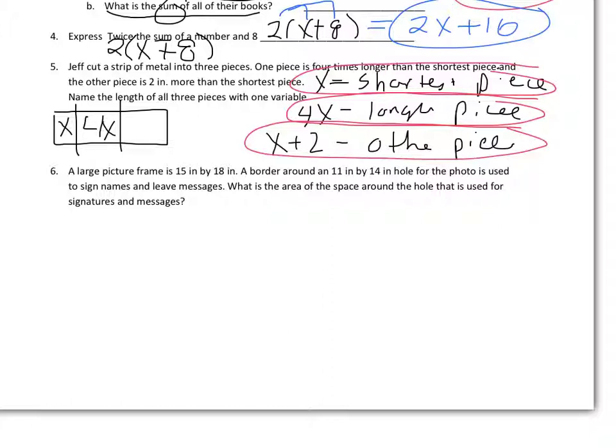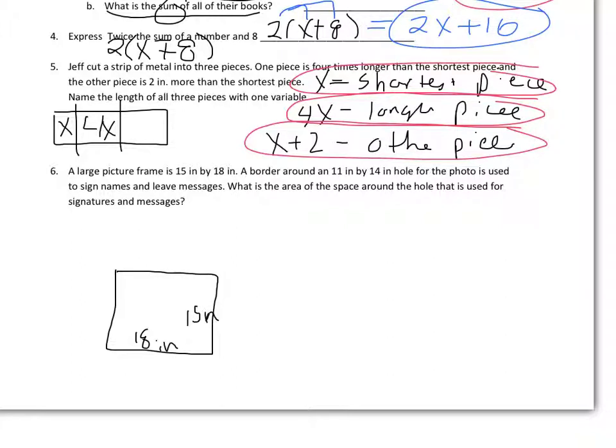So next one we have, a large picture frame is 15 inches by 18 inches. So let's just draw this out right here. 15 by 18 inches. Okay. Now what we have is this.